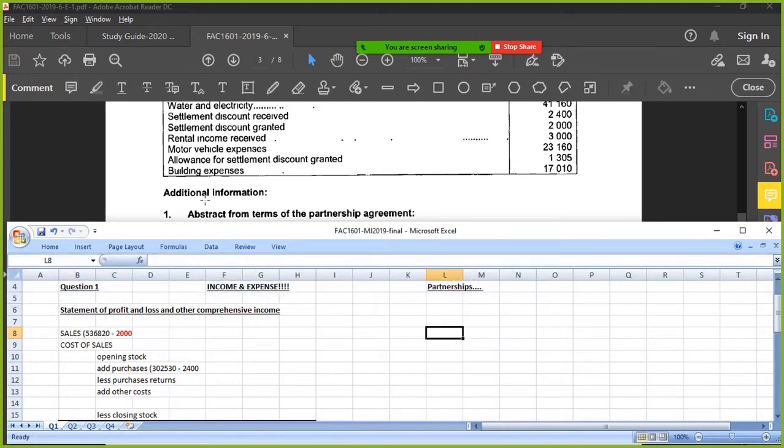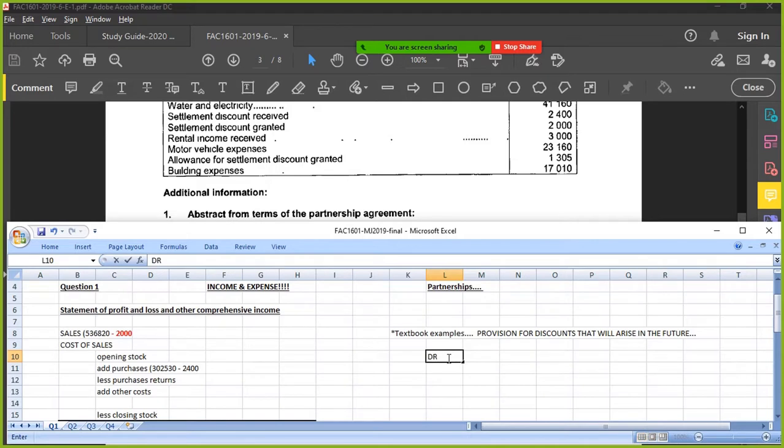Okay, I think we even had this in one of our textbook examples. I remember covering it with you where they're providing for discounts that will arise in the future. Because a discount allowed is seen as an expense, if you're providing a provision for it, it'll be a negative asset.